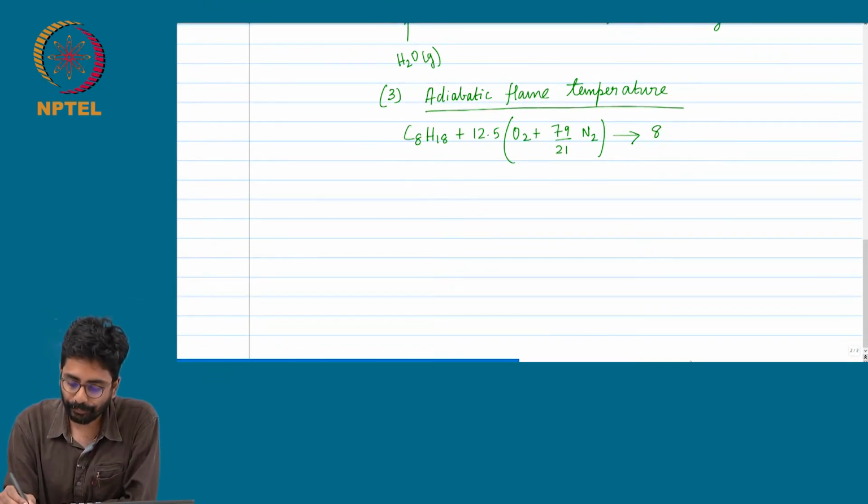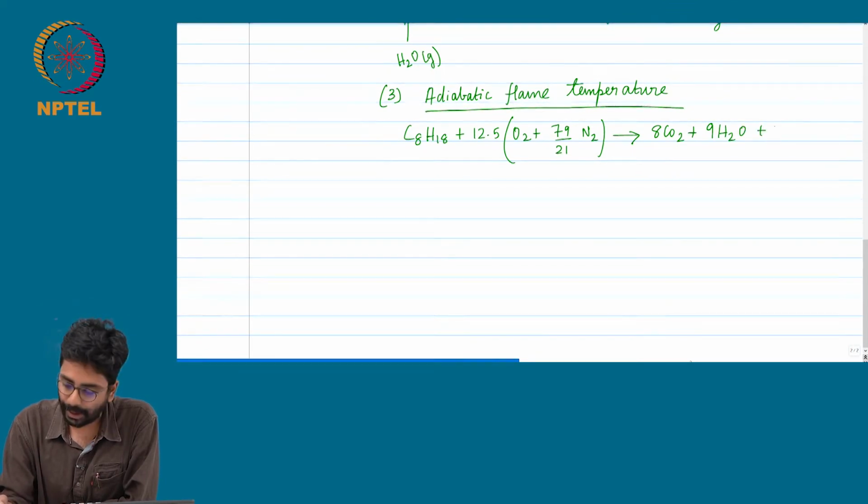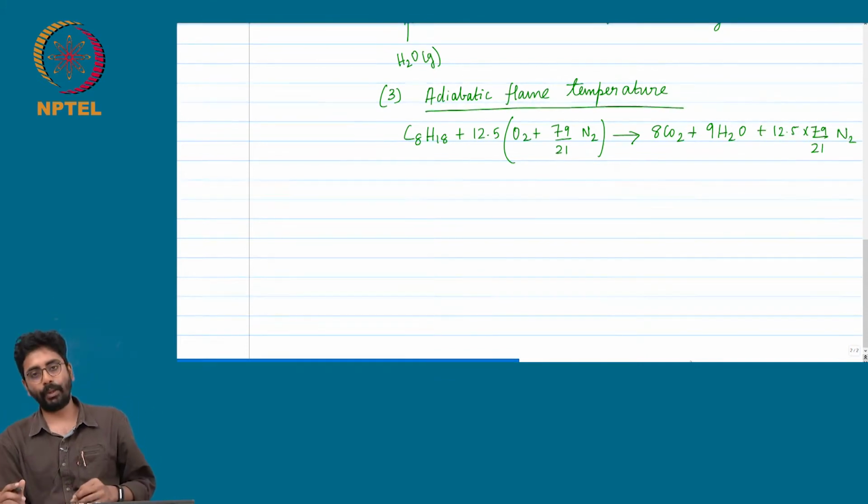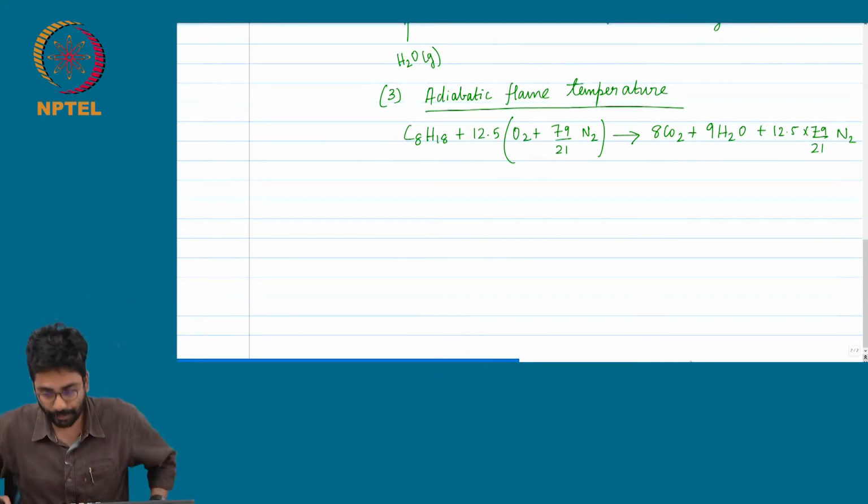We will assume as a first approximation that the products are only carbon dioxide, water vapor and nitrogen. Now it is very easy to calculate the adiabatic flame temperature.